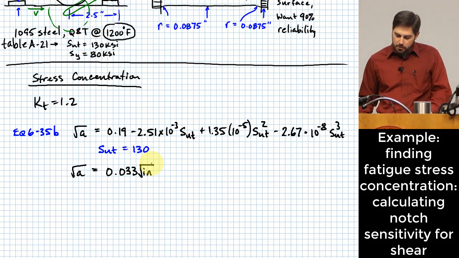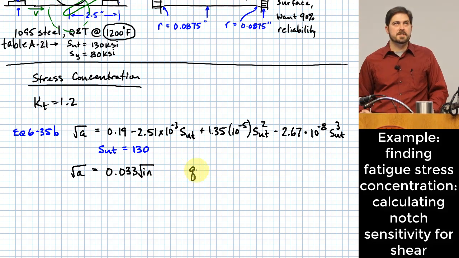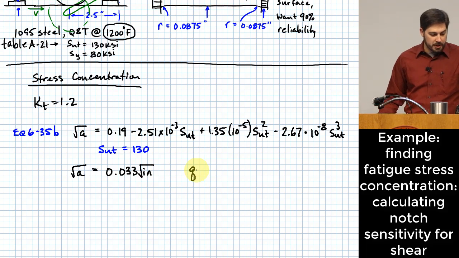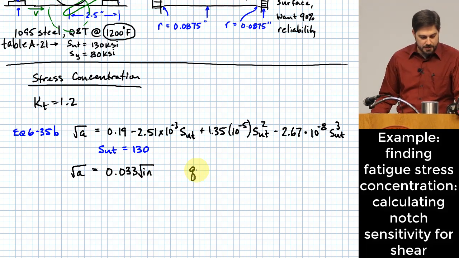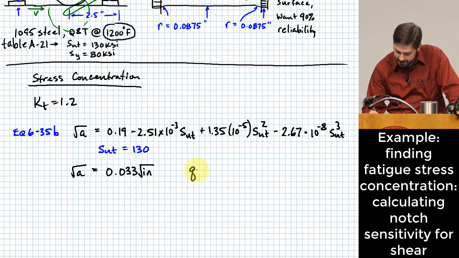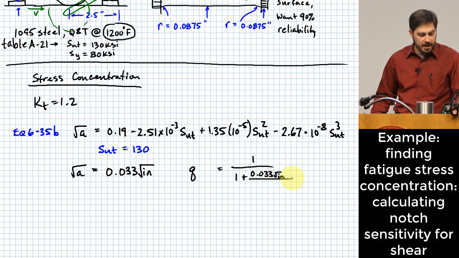How do I find Q? Q, again, remember, is your notch sensitivity. Q is equal to 1 over 1 plus the square root of a, the square root of a being 0.033 square root of inches, over, what do we put in the denominator there?